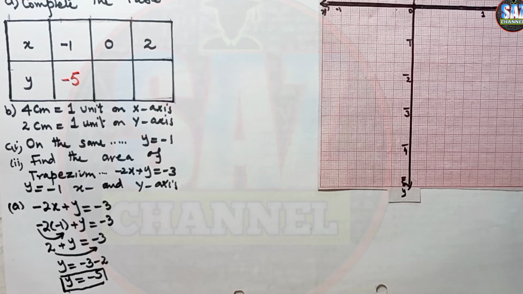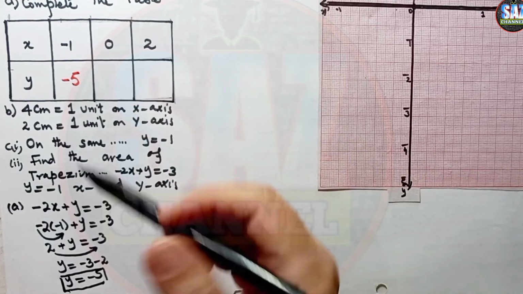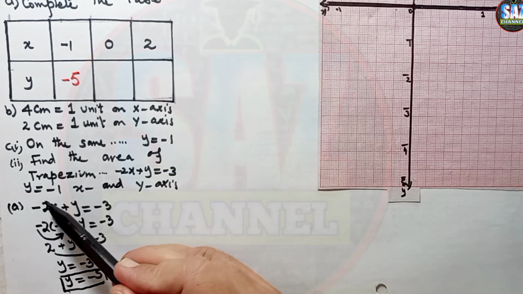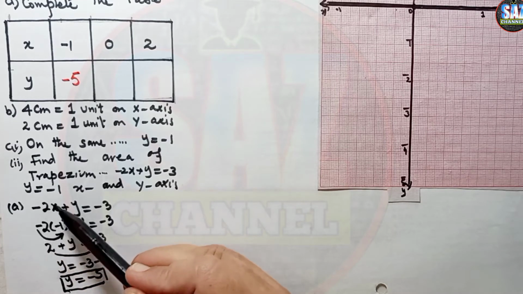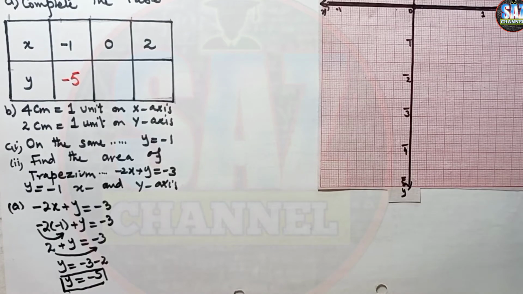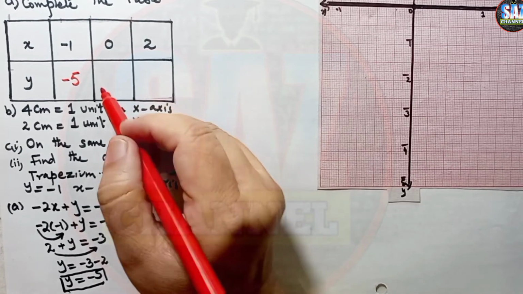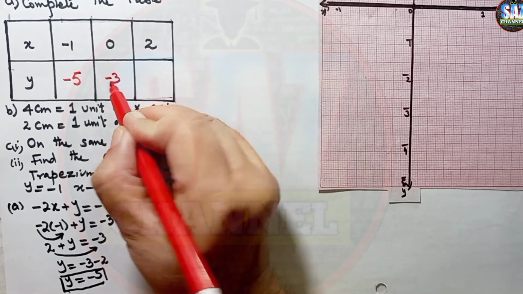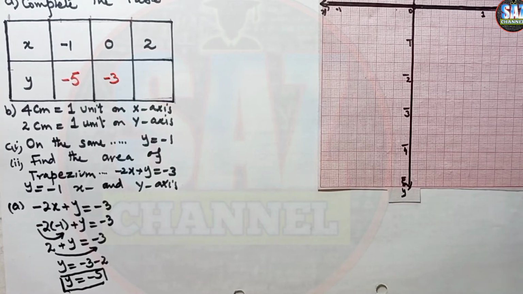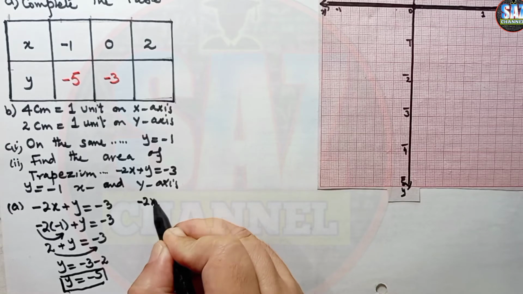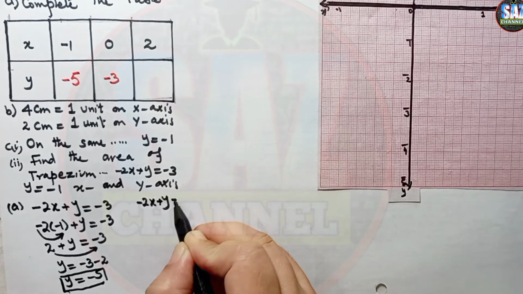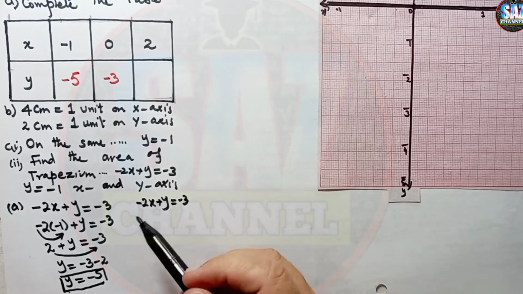Now the second point, x is 0. When I replace x with 0, 2 multiplied by 0 will give me 0 and my y value will become minus 3. Easy calculation. And for the next point, that is x equals 2, again take the equation minus 2x plus y equals minus 3.